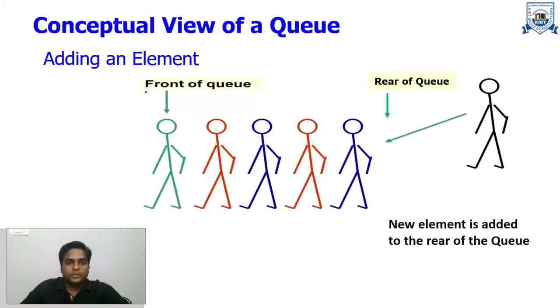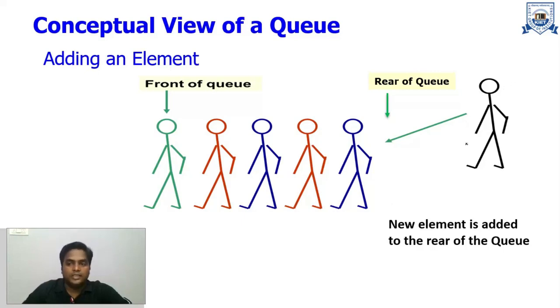So let's suppose we conceptually represent queue. Let's suppose this is a waiting line, this is the front end and this is the rear end. Whenever we want to add an element in a queue, that element is always inserted from rear end. Let's suppose this is a new element and we want to insert it in a line.